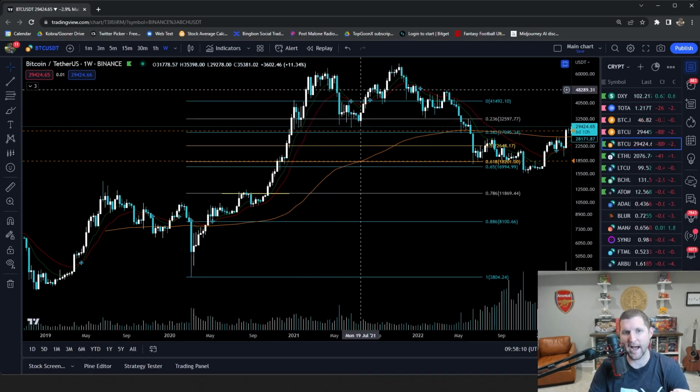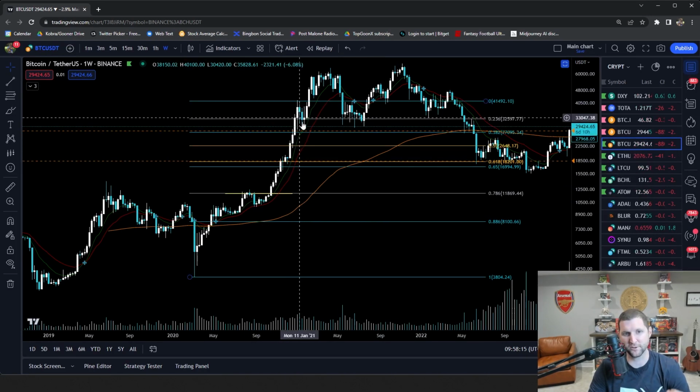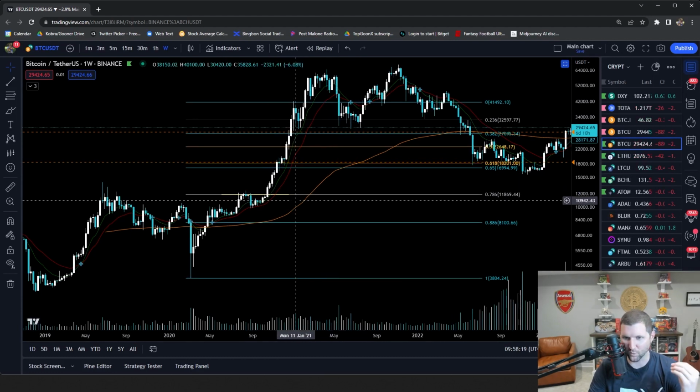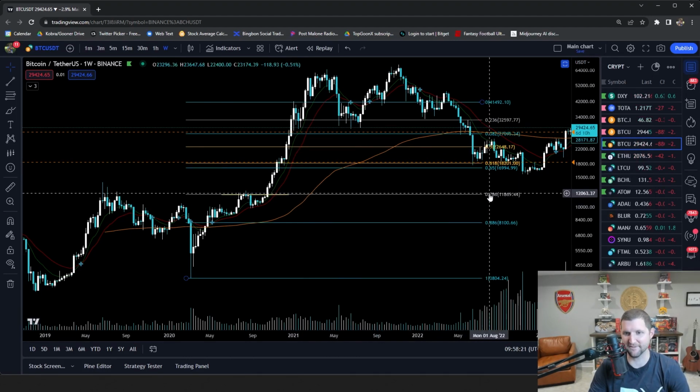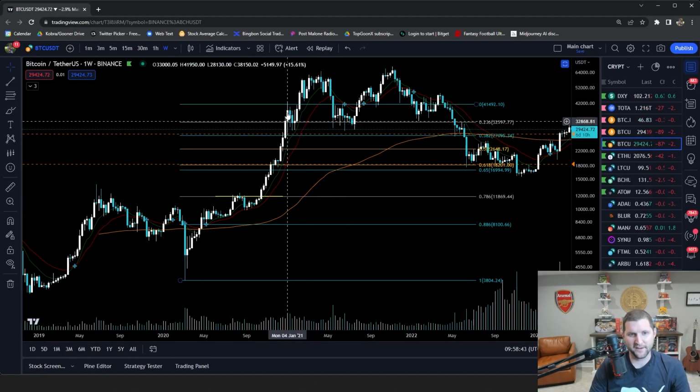Now, of course, we went a little bit higher, but this is the top of the parabola before we had two pullbacks. This was the longest pullback we saw, and it happened when the 786 fib happened to be at this level. So that's a very interesting note, right? Ahead of time, we could have predicted that this was going to reject here.